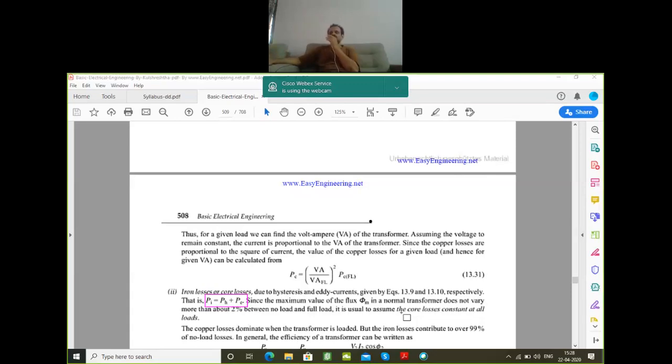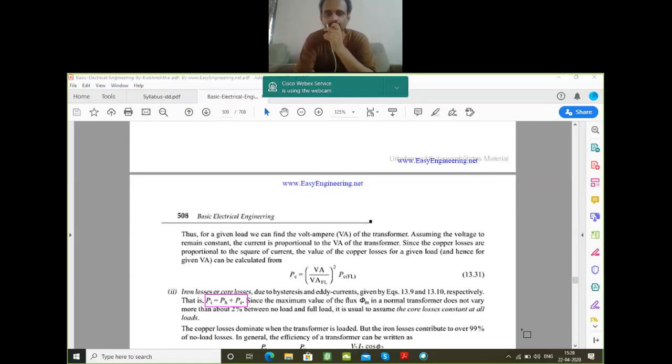So all core losses are constant at all loads. The iron loss is occurring because of the hysteresis and the eddy currents, because the flux is almost not changing with respect to loads. The iron losses are constant with load.